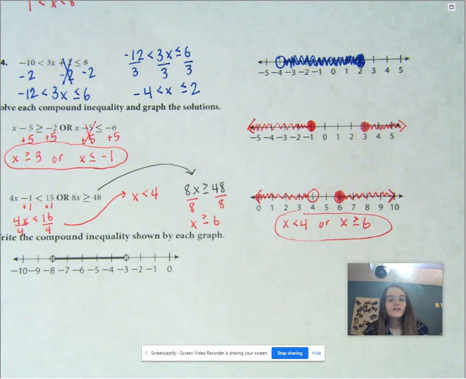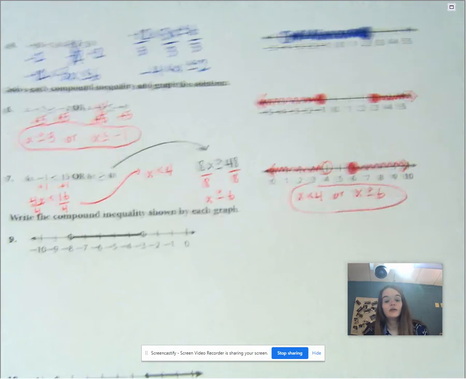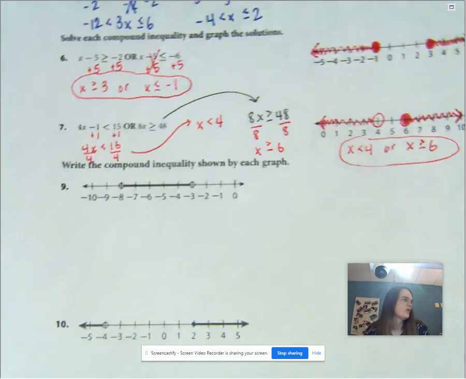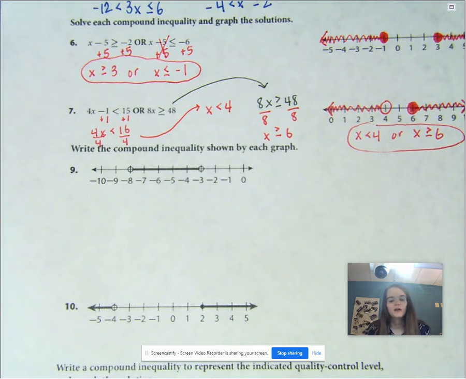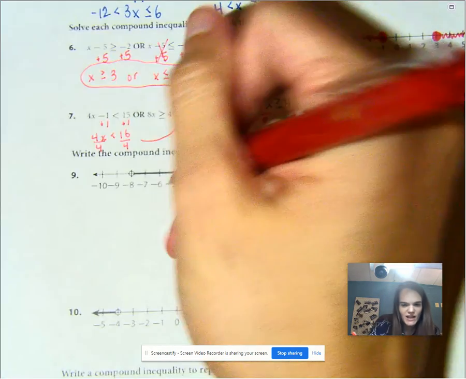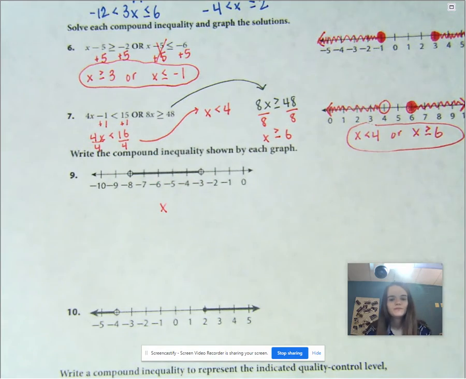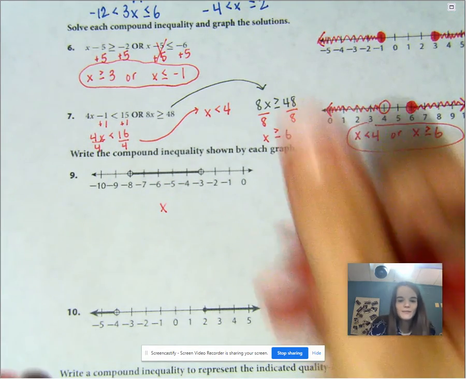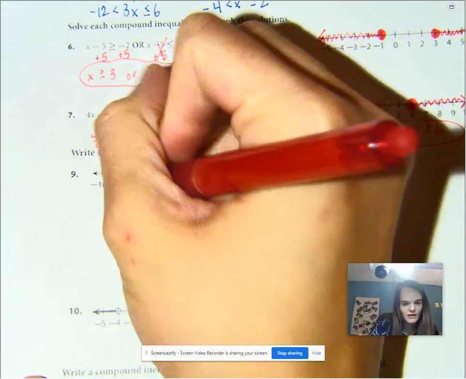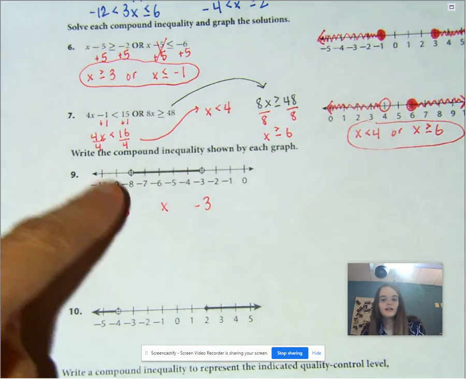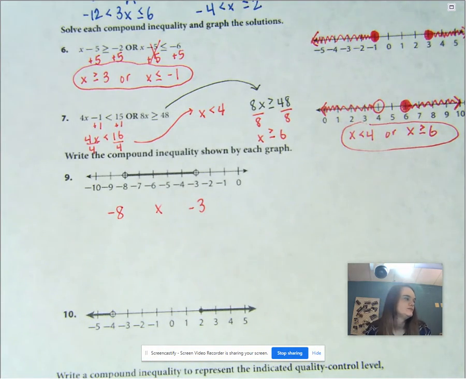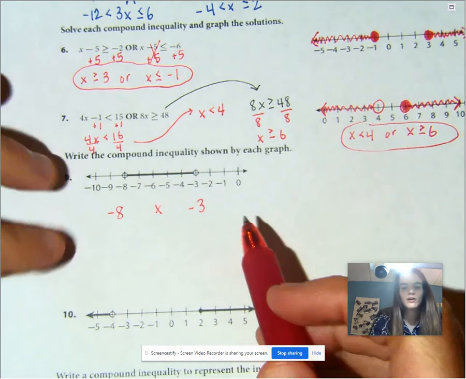All right, 9 and 10 are kind of what we did the other day, where we started out by talking about what these graphs mean. Number 9, we have an and compound inequality. I know it's and because it's in between, so we have an x in between, okay? And my numbers are -3 and -8. I'm just writing them down right underneath the graph. Now, let's think about what's going on.